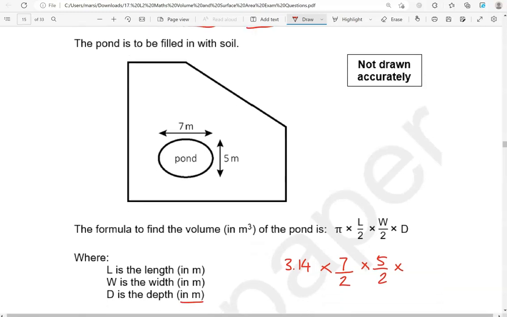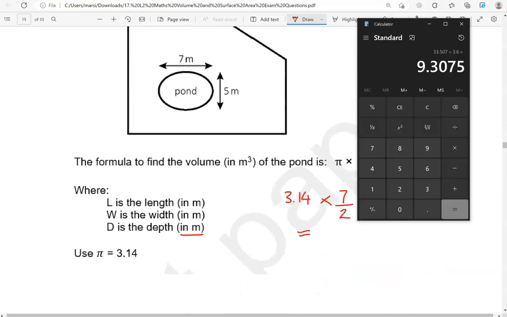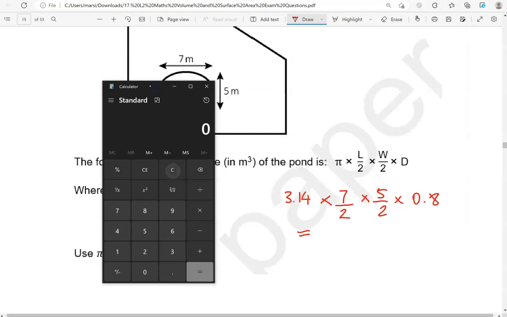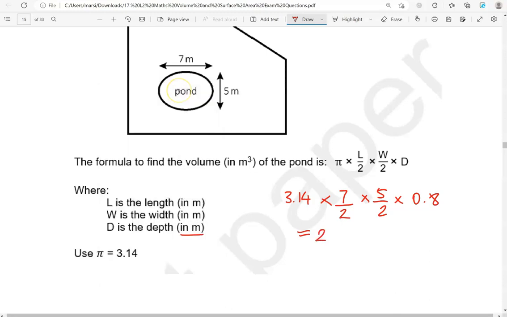So that is 0.8, which I should write in the middle. So using a calculator now, we'll do 3.14 times 3.5 times 2.5 times 0.8, which is 21.98 cubic meters.